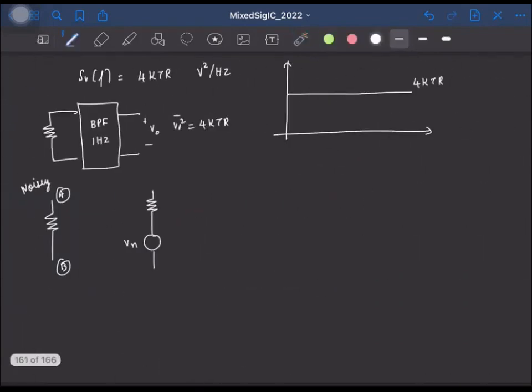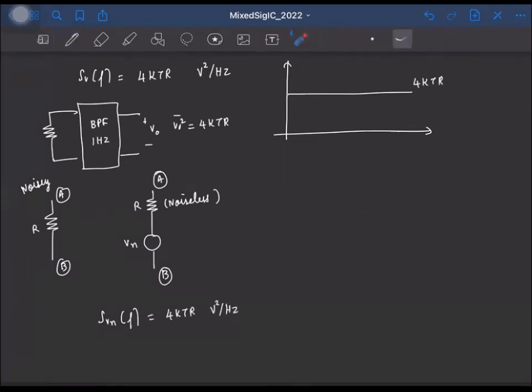So these will be my terminals A and B, and remember that this resistor R is noiseless. And as we saw, the single-sided power spectral density of this noise is 4 kTr, volt square per hertz.